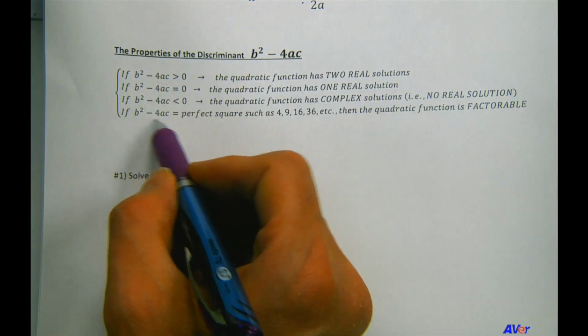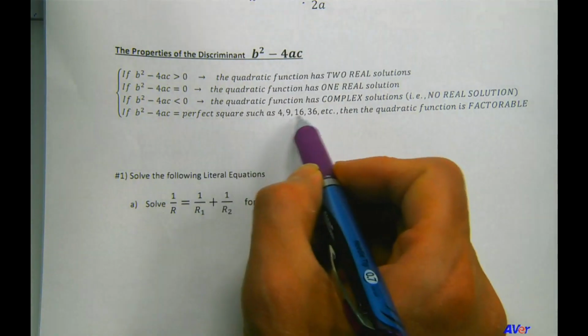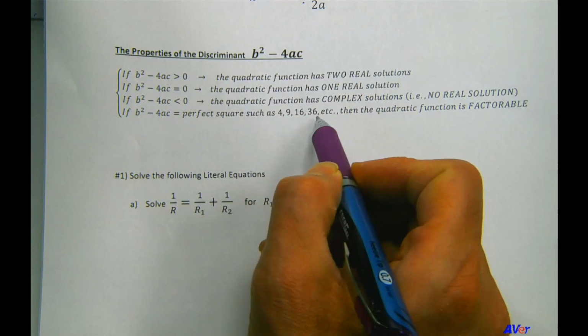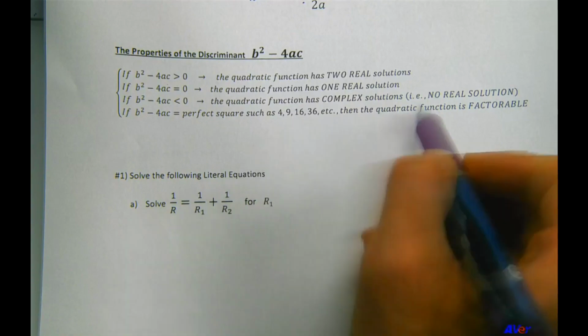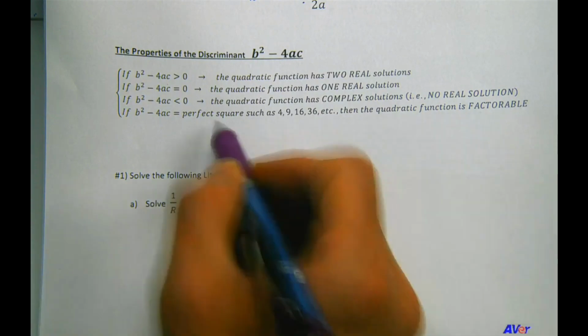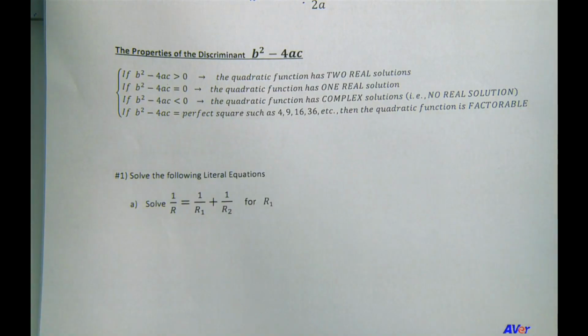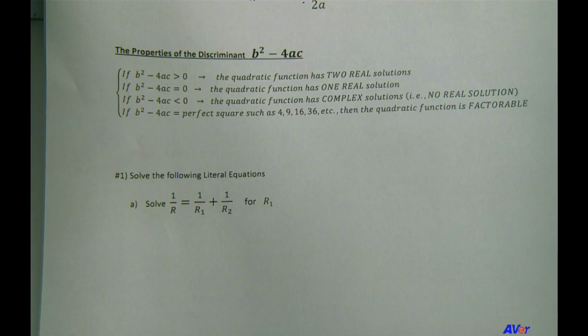If the discriminant is a perfect square, such as 4, 9, 16, 36, 49, and so on, then the quadratic function is factorable. That's a very useful way of determining whether a quadratic function has factors or not, because you don't want to look for factors if none exist.